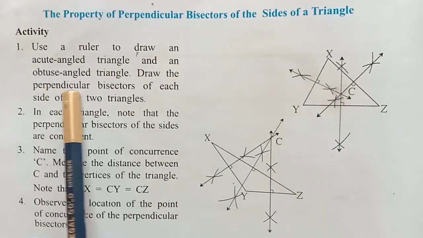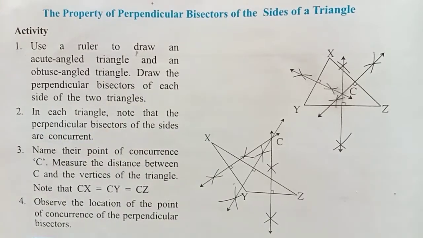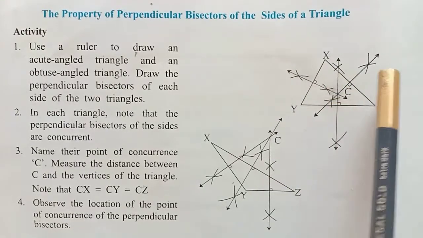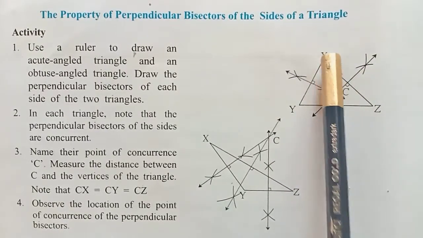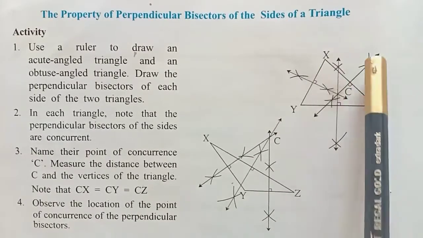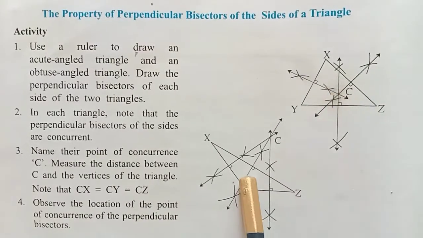Draw the perpendicular bisectors of each side of the two triangles, that is on XY, YZ and ZX.